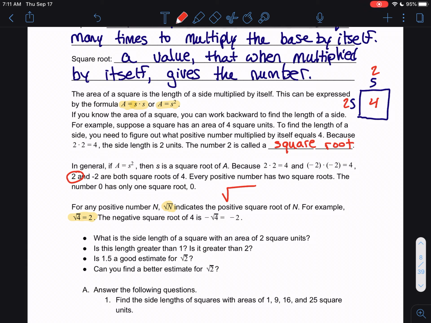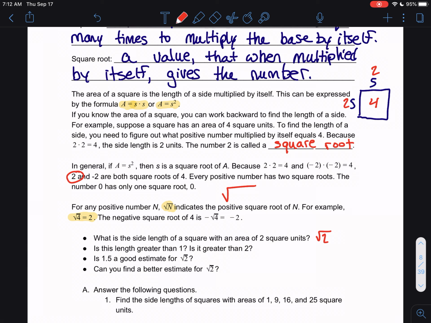Okay, so what is the side length of a square with an area of 2 square units? Well, generally speaking, if you're given the area of a square, the side length would be the square root of 2. And then the next question says, is the length greater than 1?